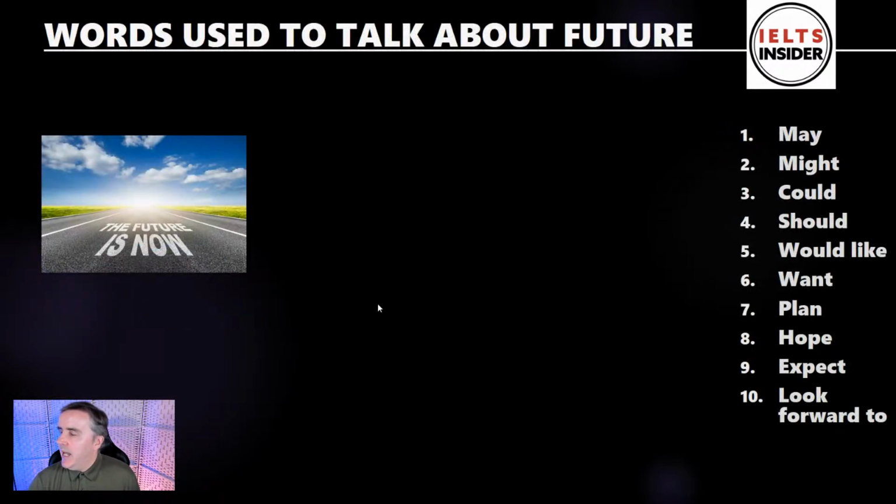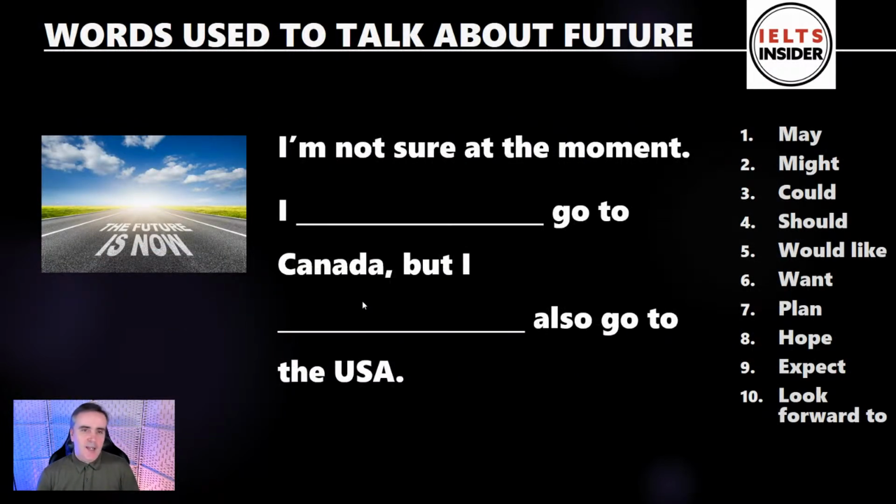And here we come on to one. I'm not sure at the moment. I something go to Canada, but I something also go to the USA. Now, I am going to give you a clue here. There are three answers. I think three suitable answers.